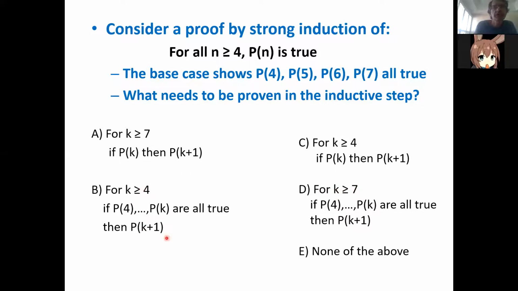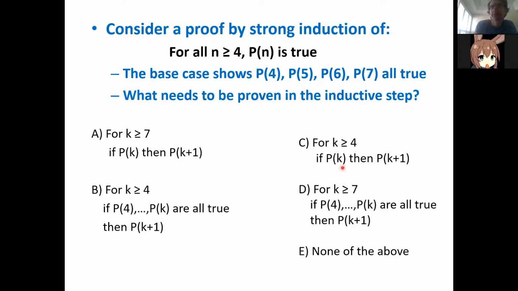If you proved this, by the way, the proof would follow as well, because statement B implies statement D. It's the same statement, except that this one holds for all k starting from 4, and therefore, in particular, it will also hold for all k starting from 7. So each of A, B, C, D, if you proved it, would imply this theorem.